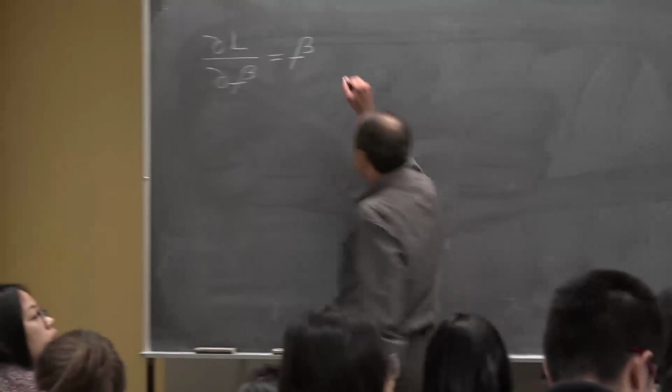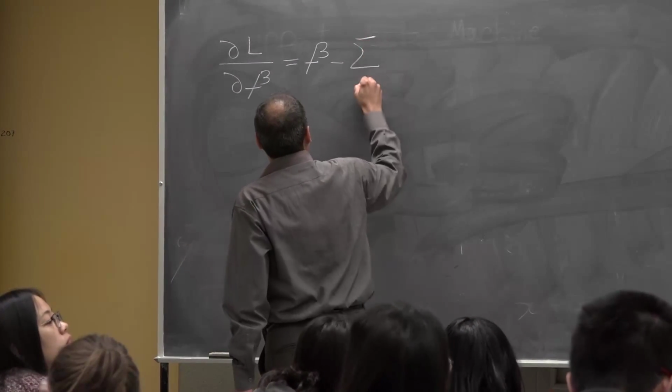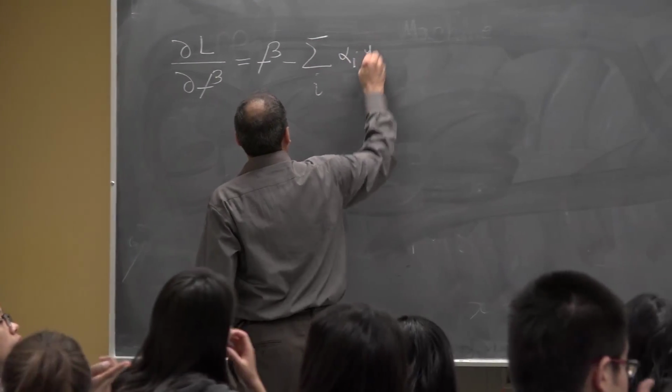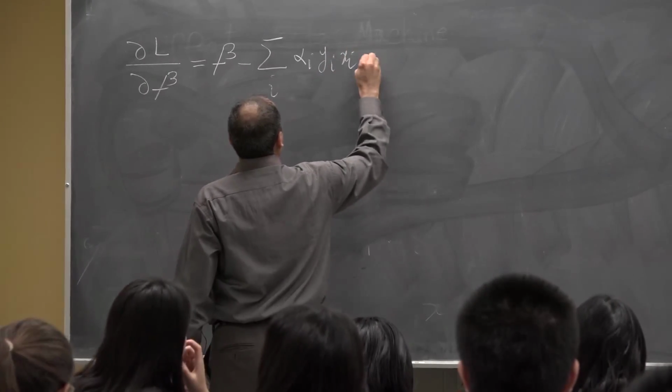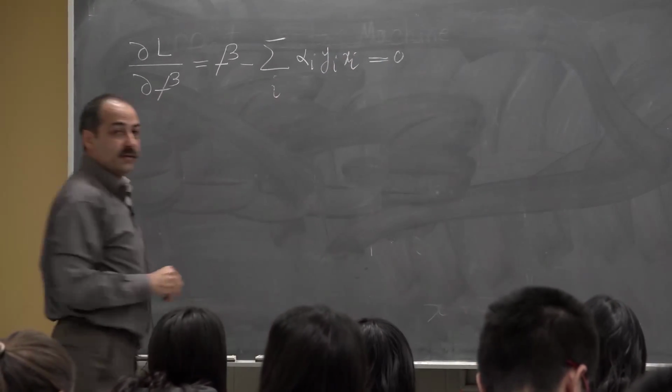So it is beta minus sigma over all i, alpha i yi xi, and this needs to be 0.